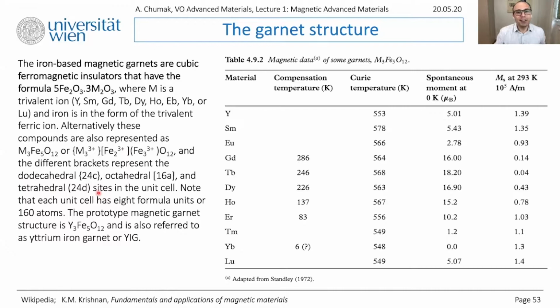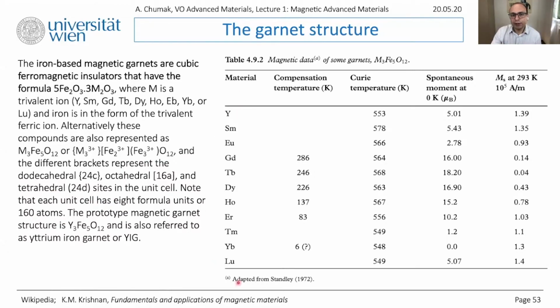So that you understand, this is a very complex cubic structure, and in each unit cell we have 160 atoms. Or people often speak about the primitive cell, which is twice smaller than the unit cell in this case, and then we're talking about 80 atoms per primitive cell.